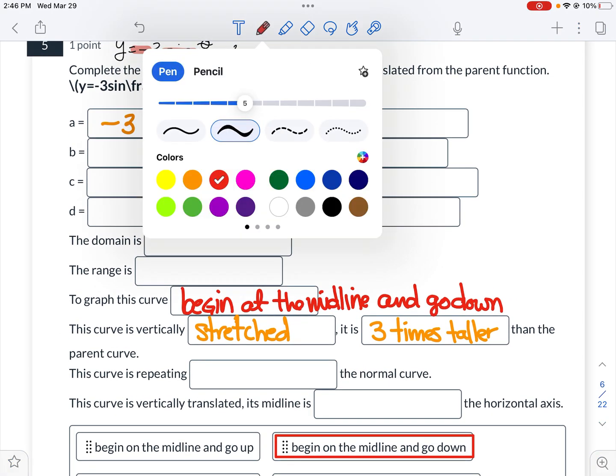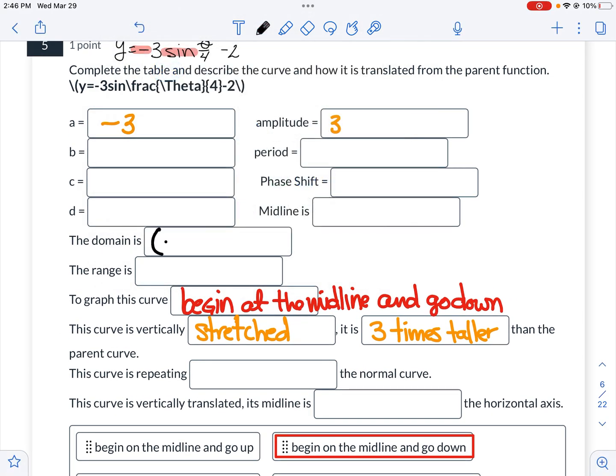The domain never changes. The domain is -infinity to infinity.